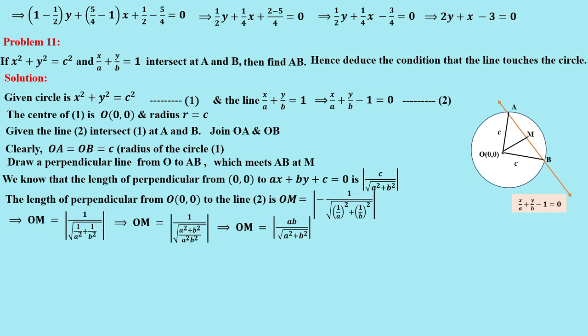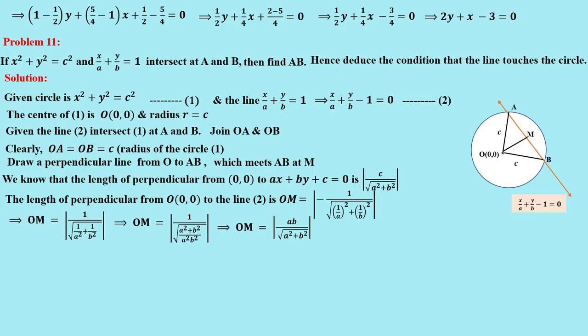Separating the roots, OM is equal to 1 by root of a square plus b square, by root of a square into b square. Root of a square b square is AB. So we will get 1 by root of a square plus b square by AB. So it can be written as a reciprocal.